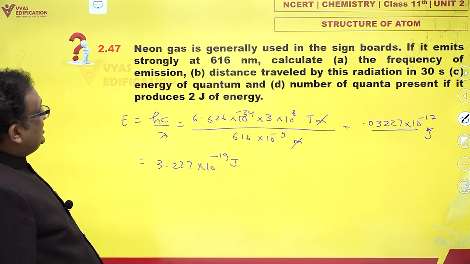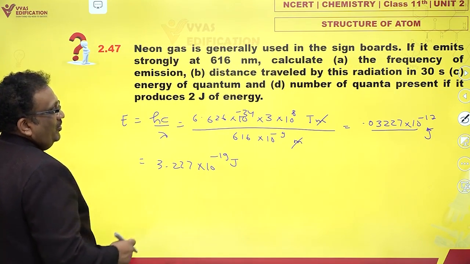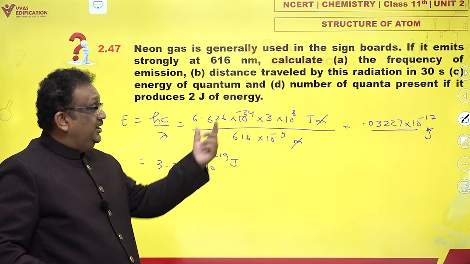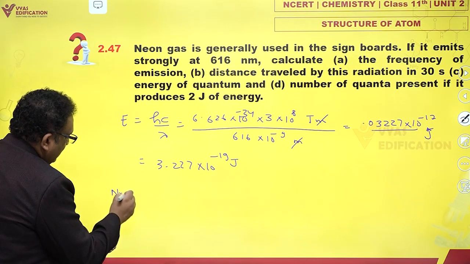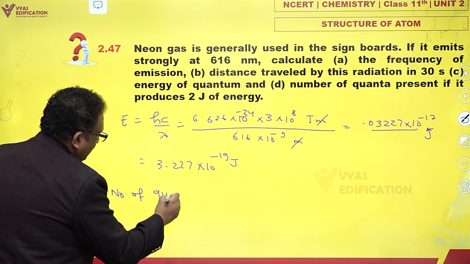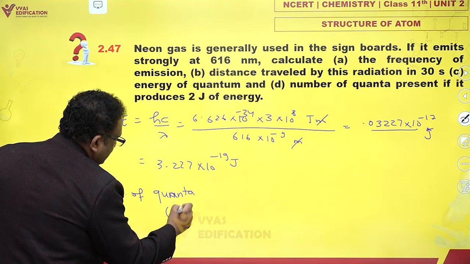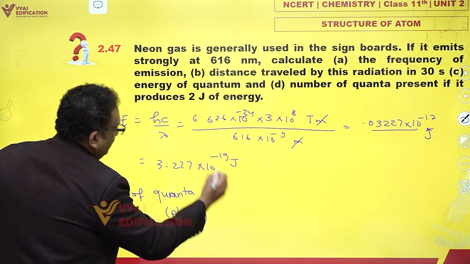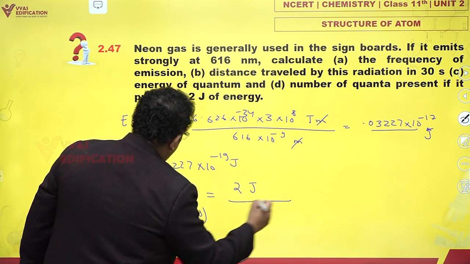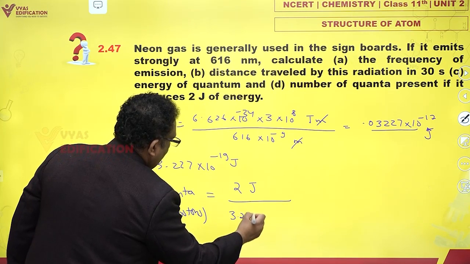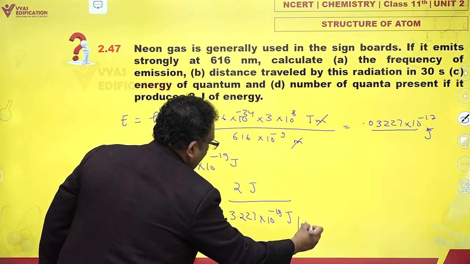Number of quanta present if it produces 2 joules of energy. One quantum has so much energy. How many quanta will give you 2 joules of energy? Number of quanta, or number of photons, would be equal to 2 joules divided by 3.227 into 10 raised to minus 19 joules per photon.